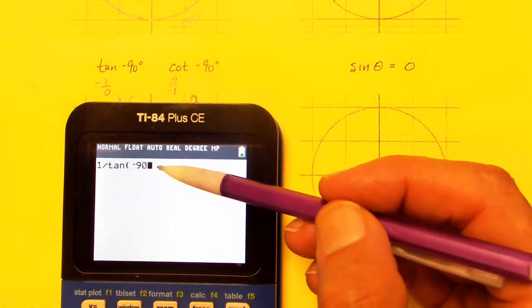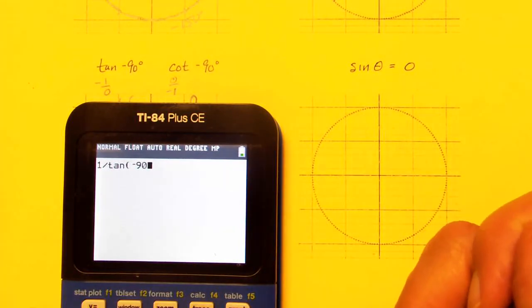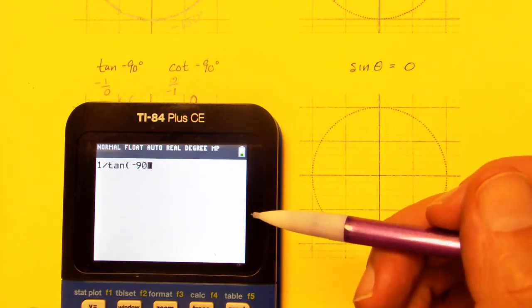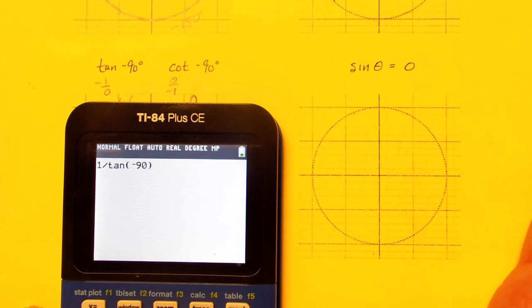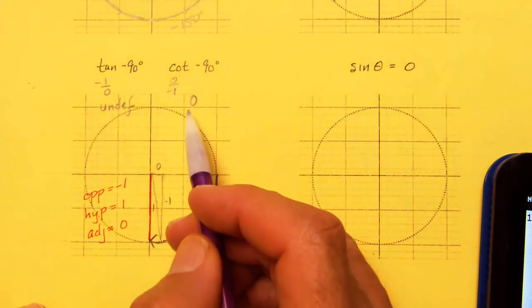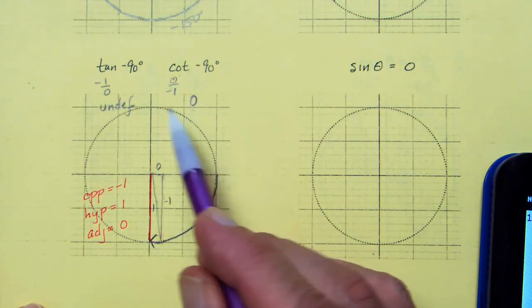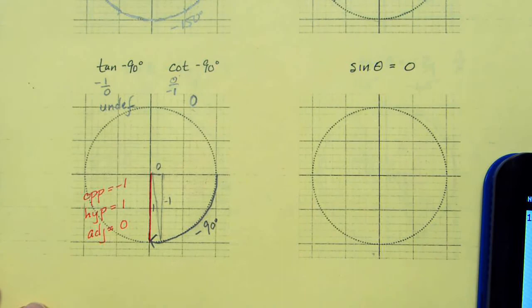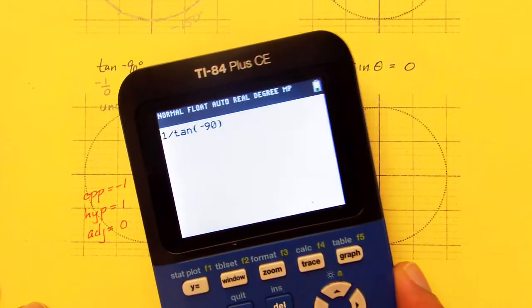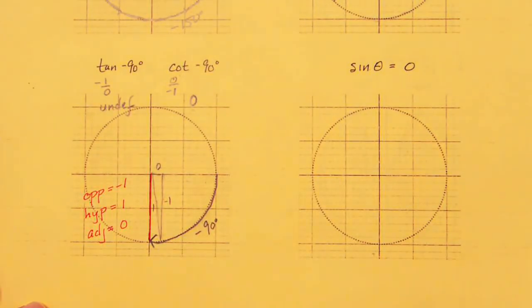So this is going to mislead the user to thinking, oh, the cotangent of negative 90 doesn't exist, it's undefined. Well, it does exist, and it's equal to the value of 0. So again, that's why knowing how to kind of visualize all this stuff is very important, because there are times when a calculator will not be able to handle the calculation for you.